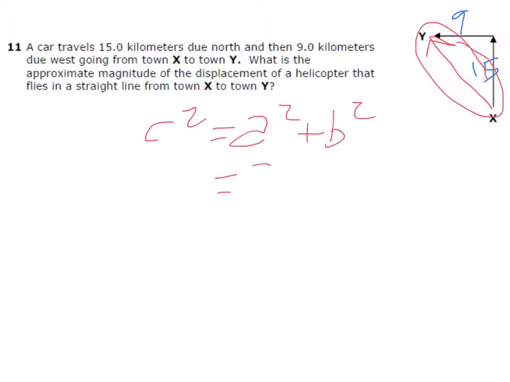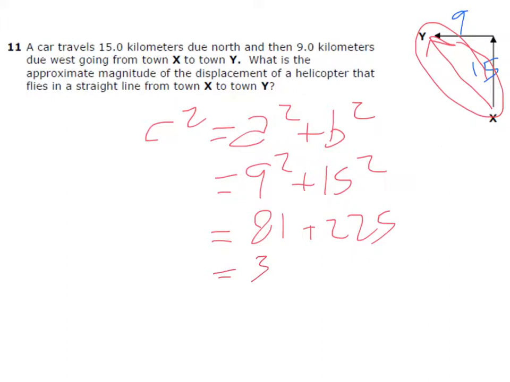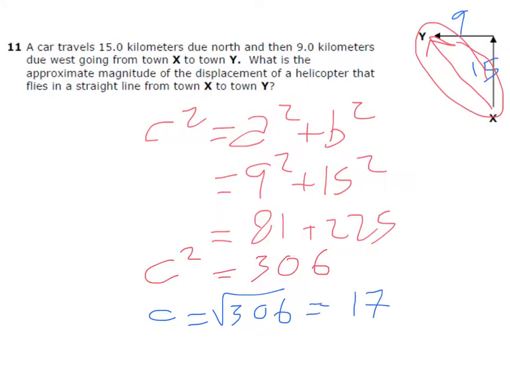So it's equal to 9 squared plus 15 squared. So that's equal to 81 plus 225. So that's equal to 306. So c squared is equal to 306. That means that c is equal to the square root of 306, which is about 17.5. And of course these units are kilometers. And that's just the hypotenuse of a right triangle.